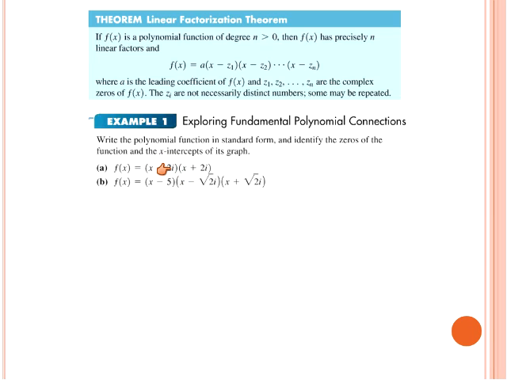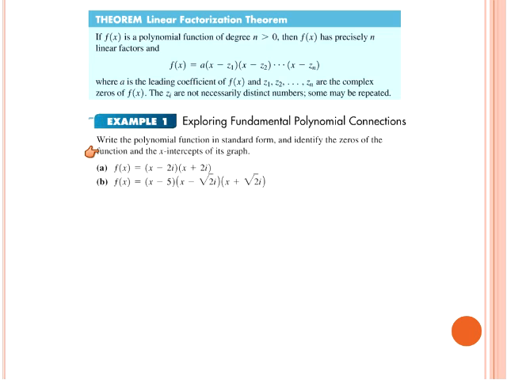So if you ever see that term linear factorization, this is what it's referring to. So all of the zeros expressed as factors multiplied together. Okay, so nothing too out of the ordinary there. It's just kind of knowing what that term refers to.